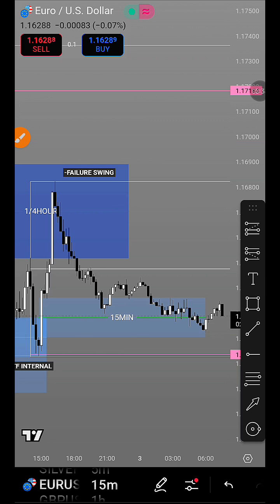Okay, so already looking at it, let's first mark out the 4-hour candle open, right? So there's our 4-hour candle open. Let's mark it out like that. Let's just say 7 a.m. 4-hour candle.